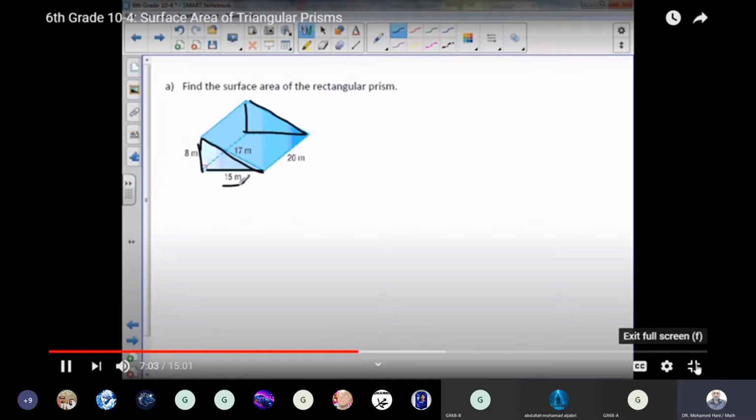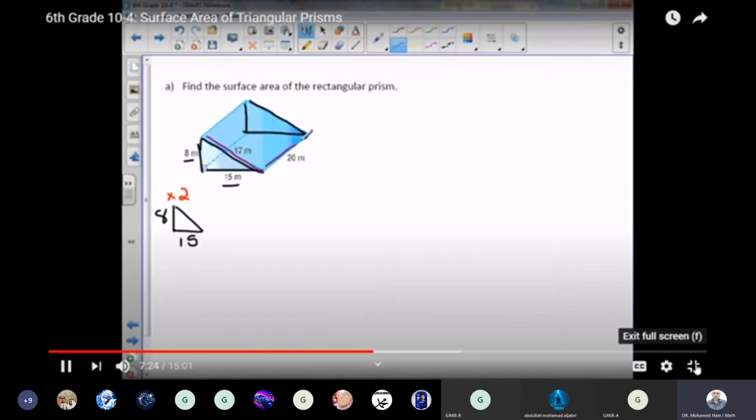And we have a base and height of 15 and 8. So I'm going to draw this out. 15 and 8 is the triangle. And I have 2 of them. So I'm just going to remind myself a times 2 up top.